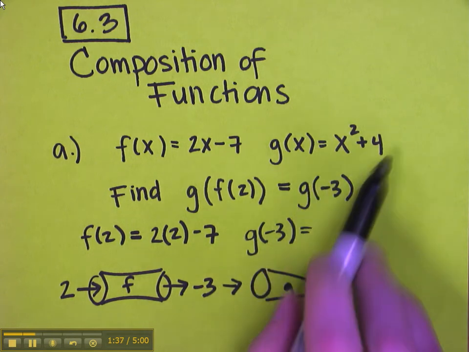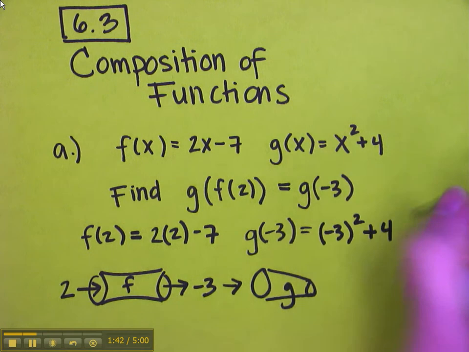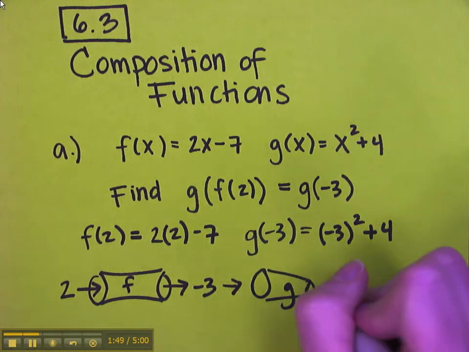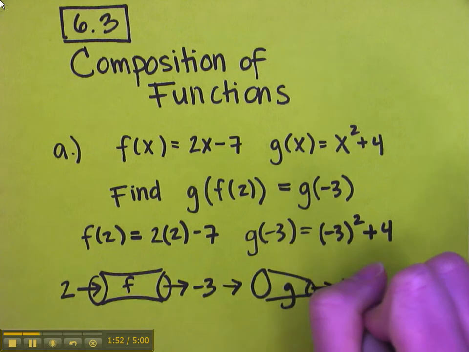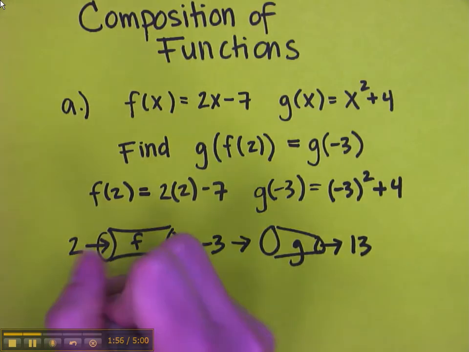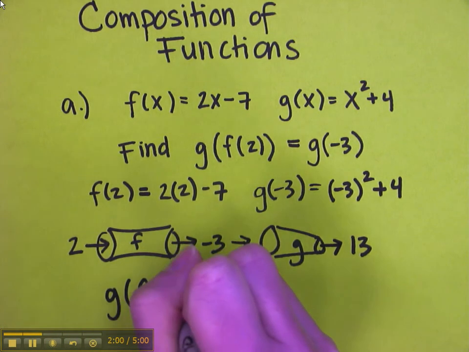So I'm going to do negative 3 squared and I'm going to add 4. Well, we know negative 3 squared is 9 because negative 3 times negative 3 is positive 9. Plus 4 is 13. So 13 is the number that comes out. This means that g of f of 2 equals 13.